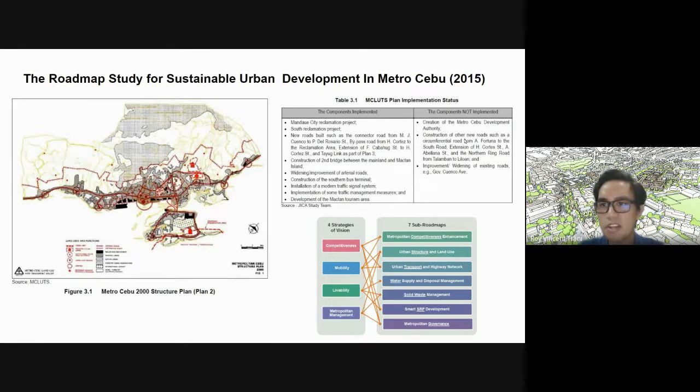Another thing that was not implemented: the construction of other new roads along A. Fortuna to South Road, extensions from H. Cortez Street, Abellana Street, Northern Ring Road, etc., etc. So you can take a look at this, and maybe over Christmas break, you can orient yourselves. This will connect to our next course, AR3233, which is urban design, and this is street level planning.